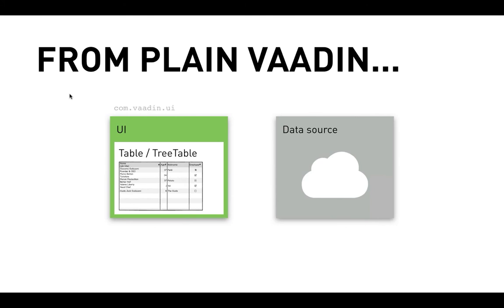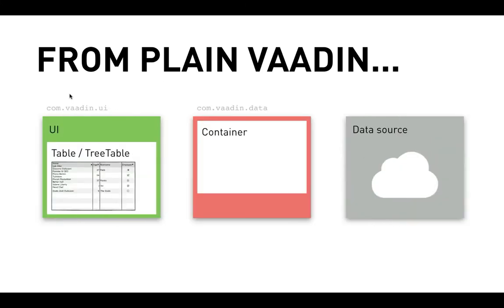We want to see the content from this data source in this table. So in Vaadin, what we typically need is a container. There are several existing containers that are shipped with Vaadin out of the box, so you may reuse one of these, or you may implement one of yours.